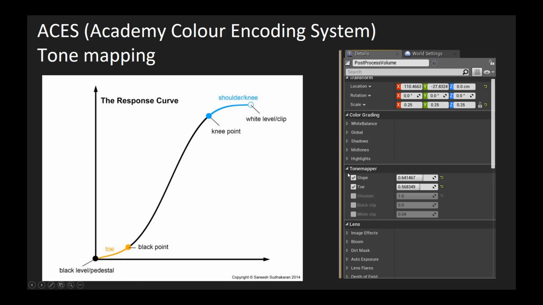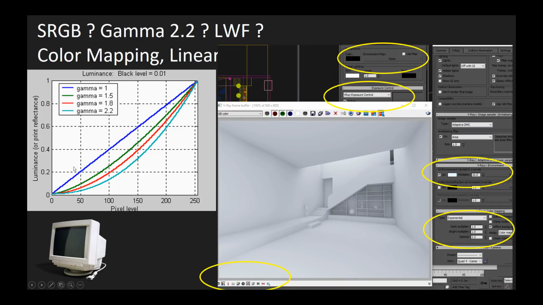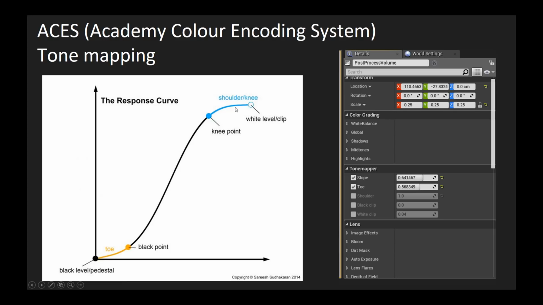I had no idea what that was when I saw it, and so this is what that is. That curve, that gamma curve, has become our S curve that we would probably use if we were doing color correction in Photoshop, especially to change contrast and things like that. So that's what that does.